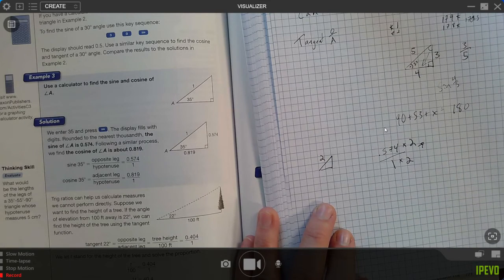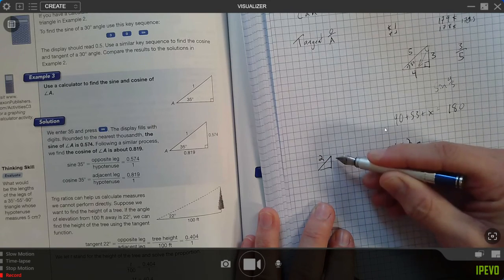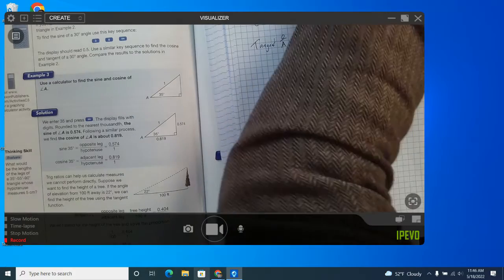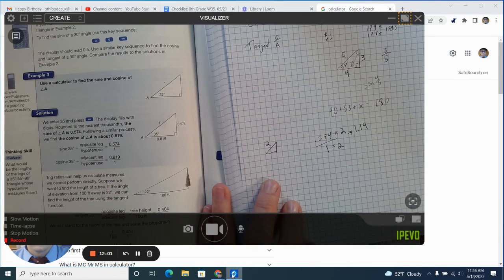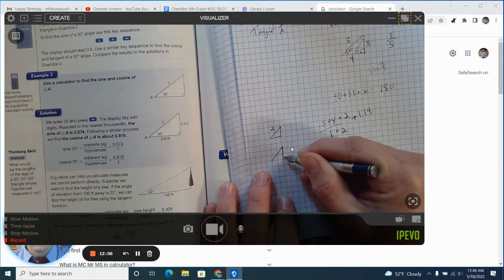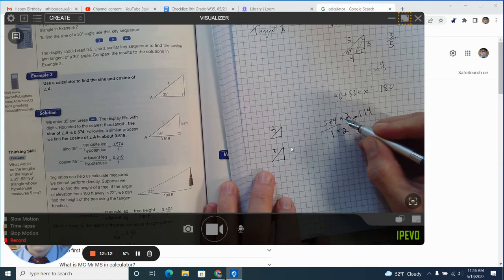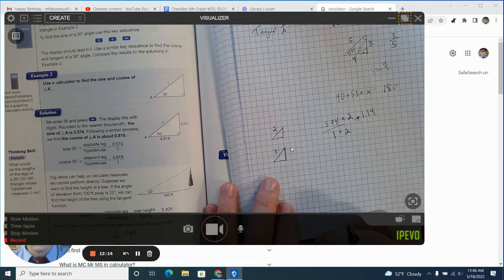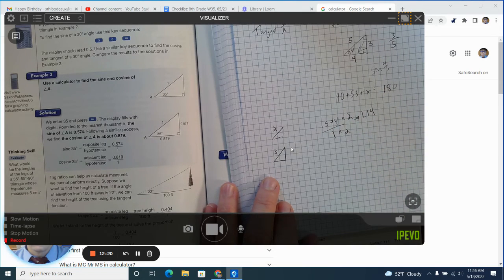So if this is 2, then my answer is not 0.574, but instead, times this by 2, 1.148. If I had a slightly longer one and this was 3, I would take that 0.574 and multiply it by 3, and that would give me my number.